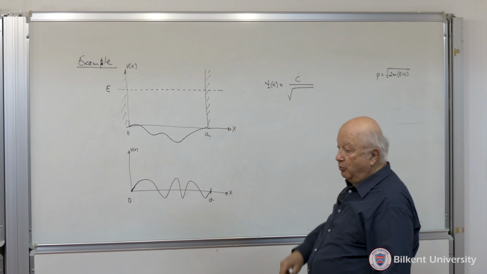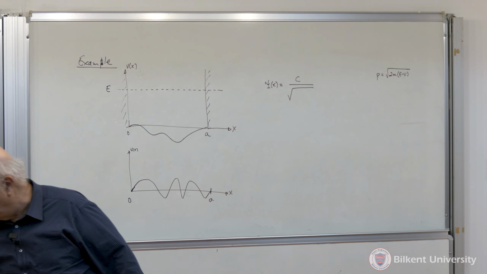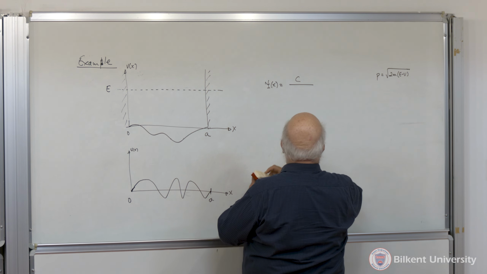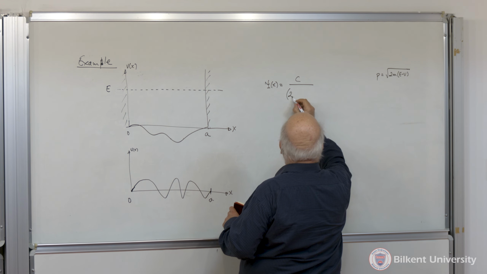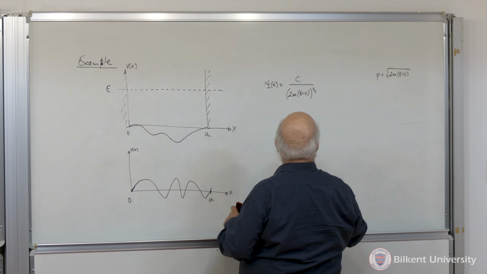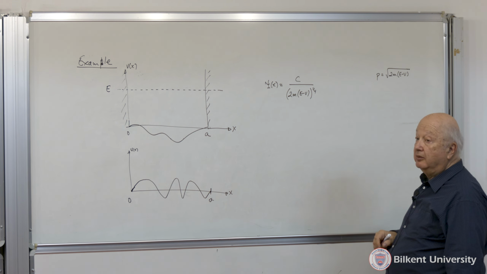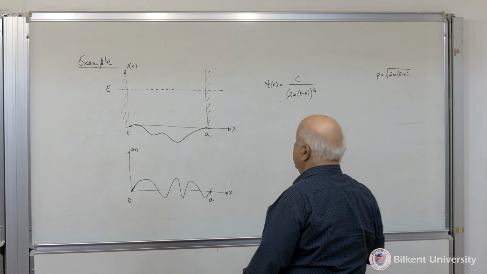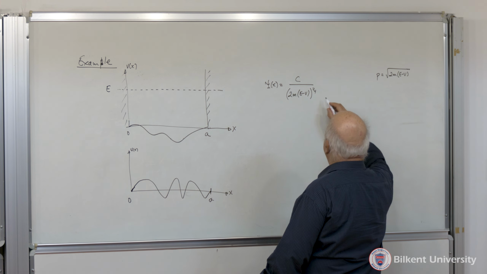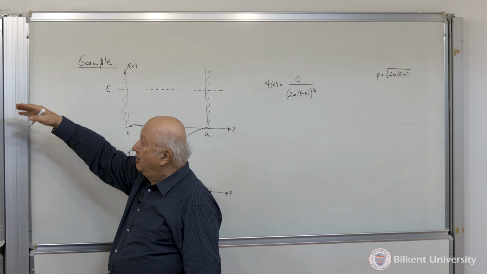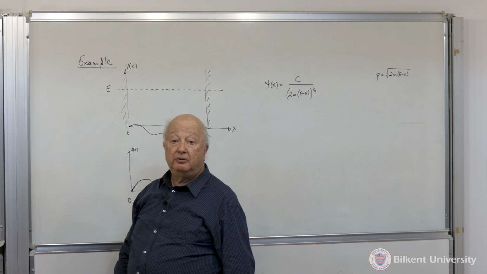So I need one more square root, so it will be the 1/4 power. So this is going to go like 2m(E minus V) to the 1/4 power. That's the amplitude part. And then I'll get a linear combination of e to the plus i and e to the minus i type of terms.